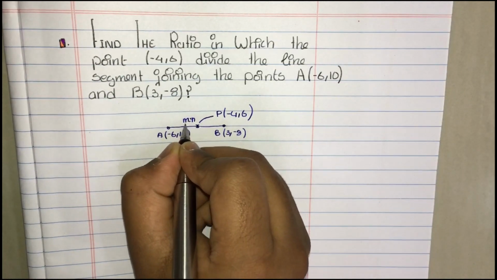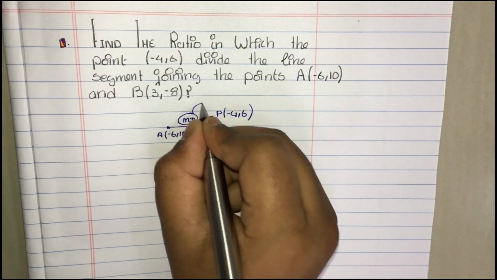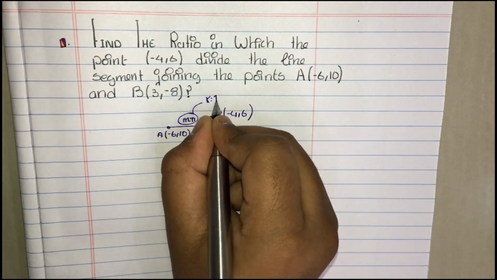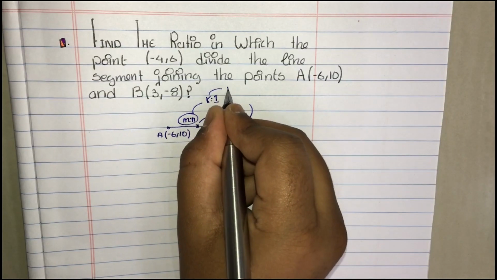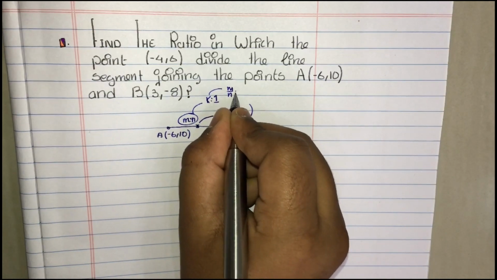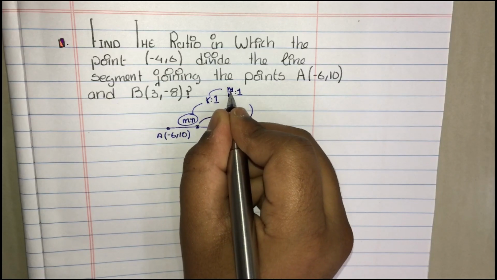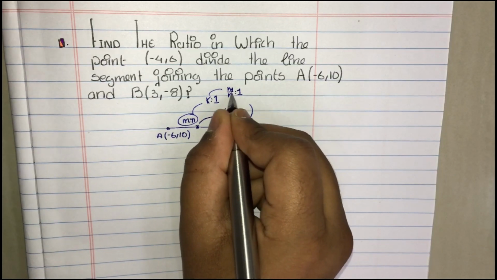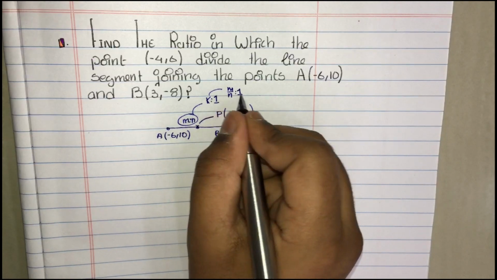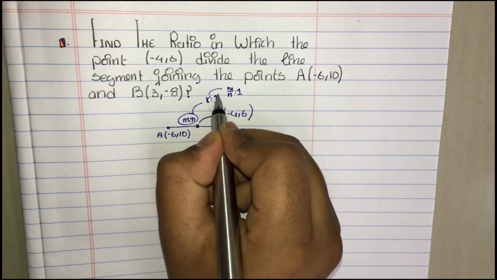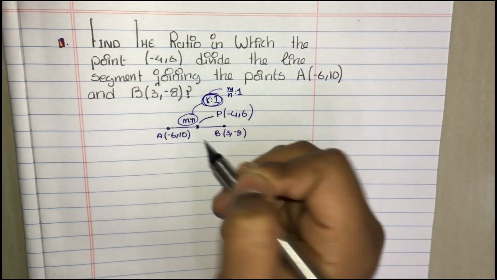m:n, as we learned. So here we'll use k:1. What is k? k is m/n:1 if there is a fraction. Otherwise, if it is one number, then directly, if it is 2, then 2:1, like that. So we'll use k:1 here.